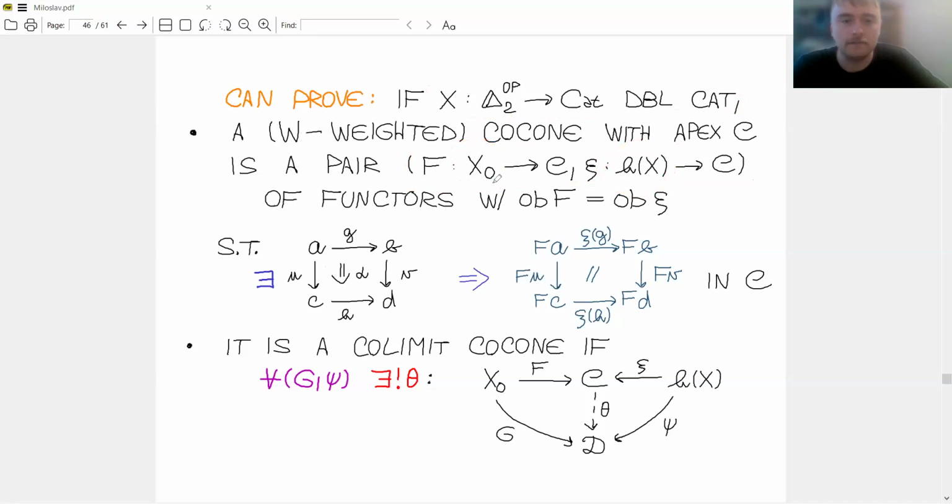The cocone can be described as a pair of functors like this that agree on objects. And moreover, every square in this double category turns into a commutative square in C as follows. And this is a colimit cocone if for any other cocone, there's a unique map like this.